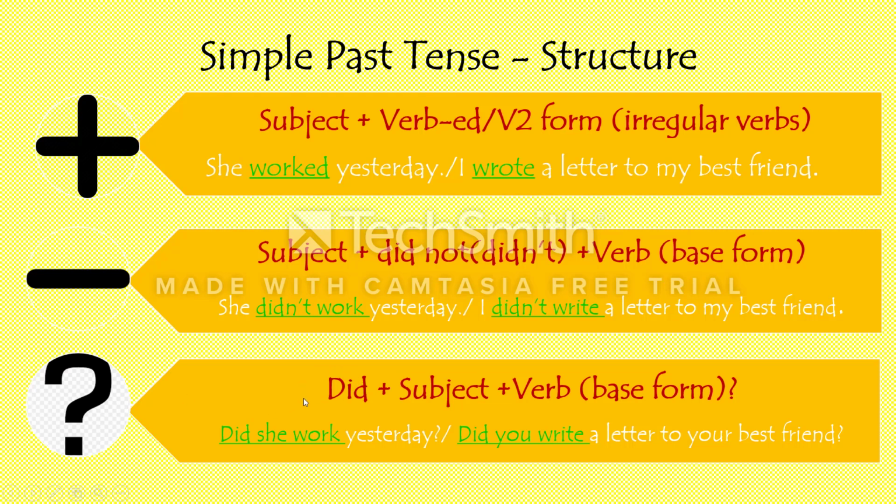Interrogative sentences need to have the interrogative question word, that's did, plus subject, plus verb again in its base or infinitive form. So for the sentence, she worked yesterday, the question would be, did she work yesterday? And for the sentence, I wrote a letter to my best friend, the question would be, did you write a letter to your best friend?